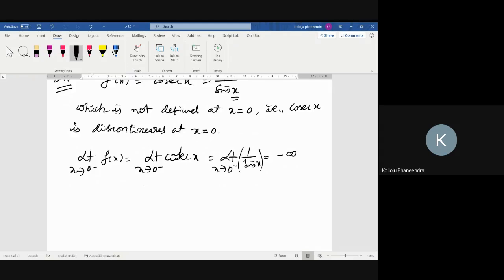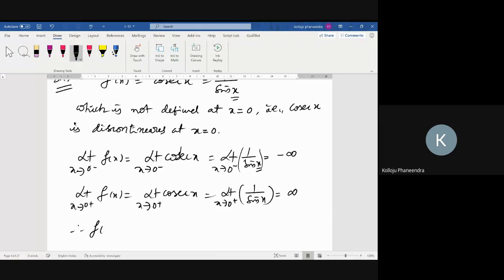And coming to the right limit at 0 plus, I'm calculating the type of discontinuity, whether it is infinite or finite. Limit x tends to 0 plus of cosecant x, approaching x through positive values, is positive infinity, whereas from the left it was negative infinity.